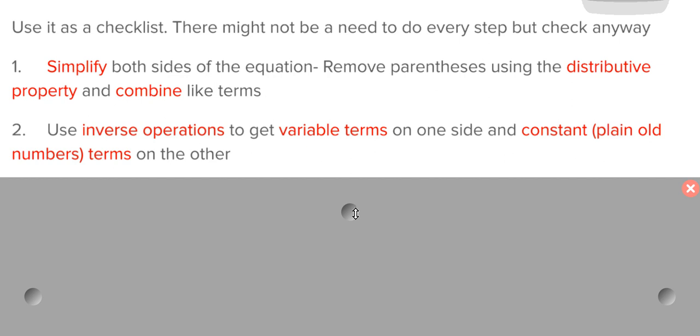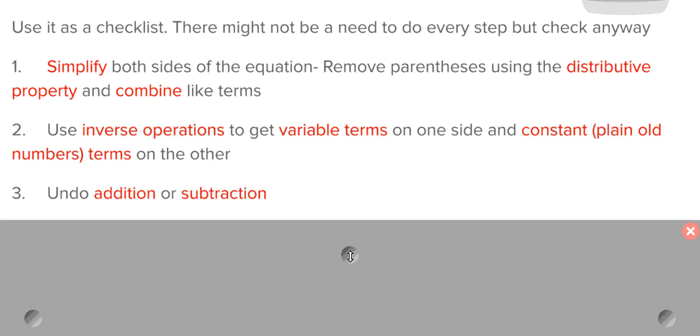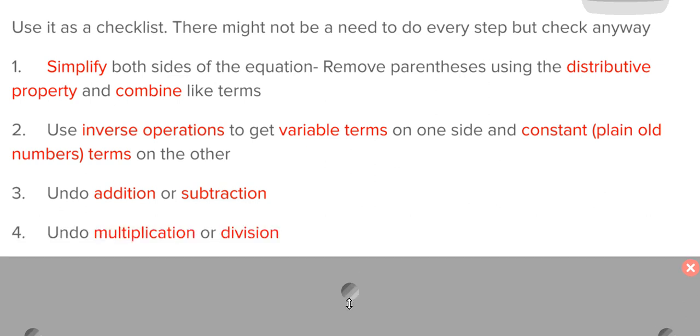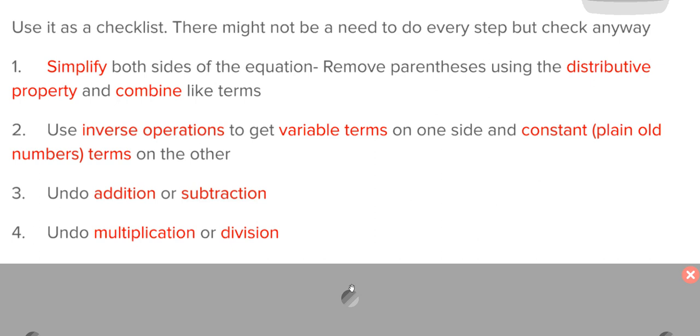Again, it doesn't matter which side is which, as long as variables are on one side and constants are on the other. And then undo using addition or subtraction, or undo, and this might be an or situation, then undo using multiplication or division.